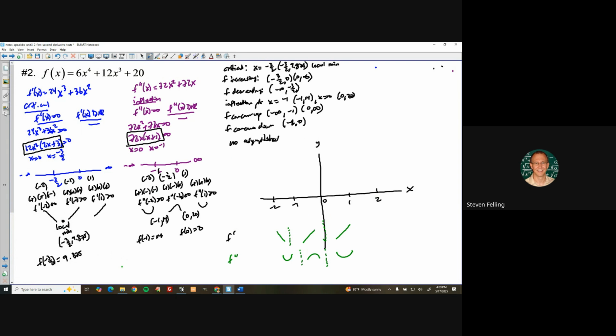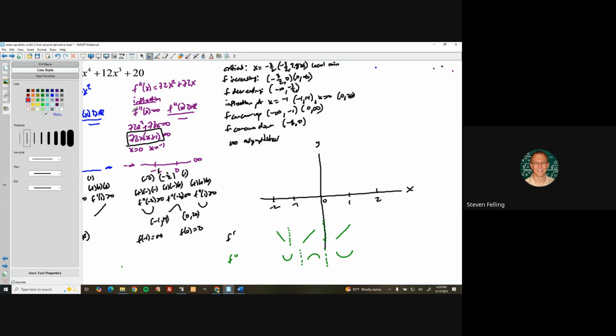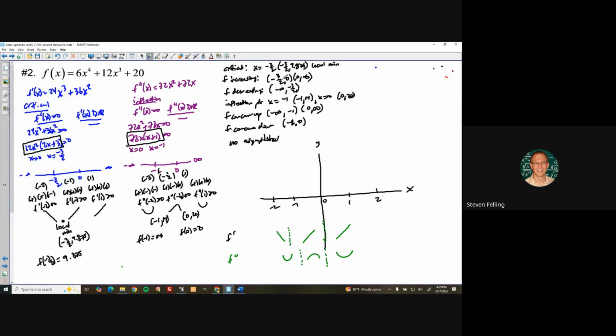So we could sketch a function that goes through the known points. Let's see, the largest y we have on here is 0, 20. So let's put that point in. We're going to define that point to be 0, 20 for scale, and that is an inflection point.